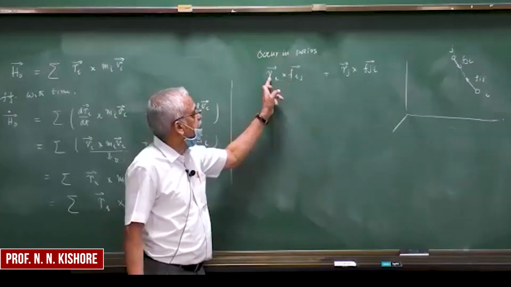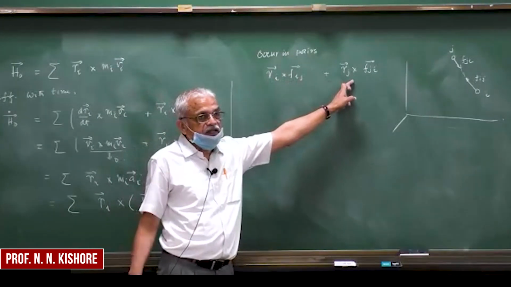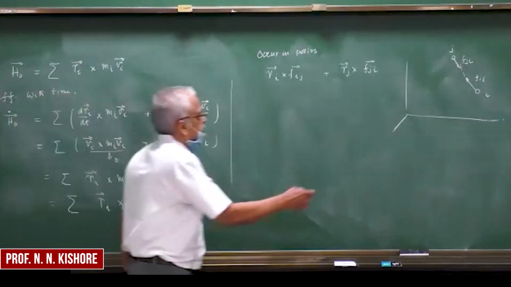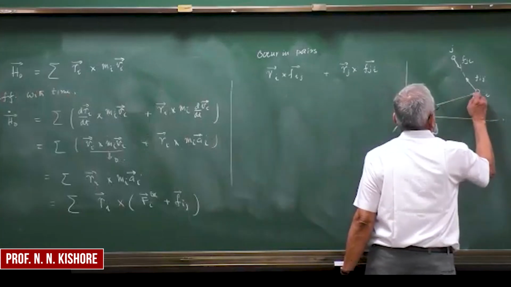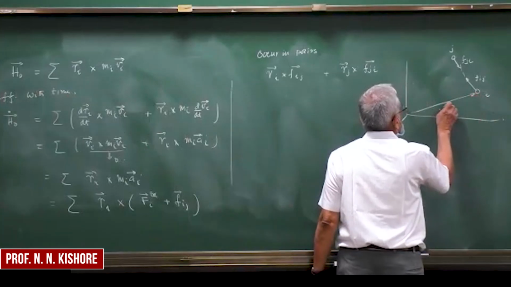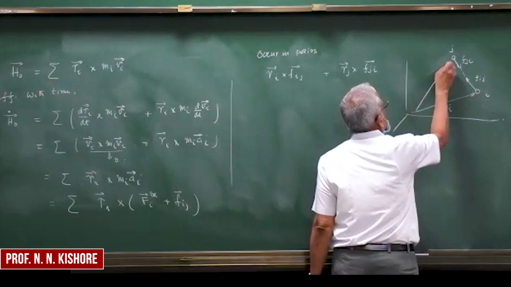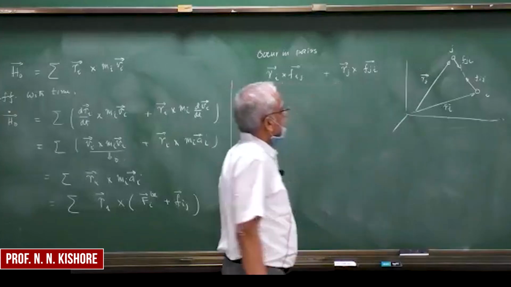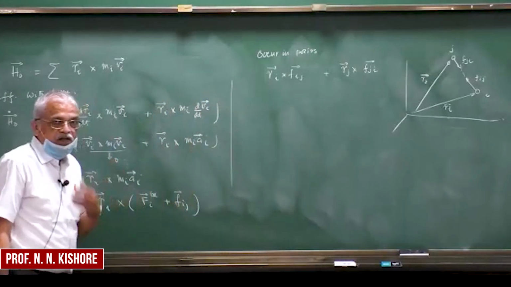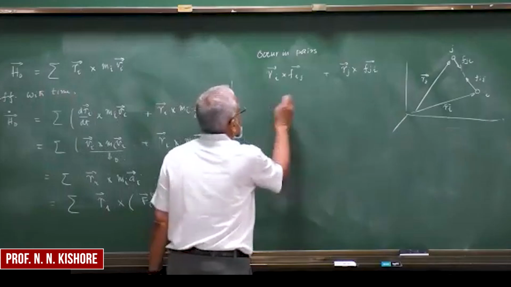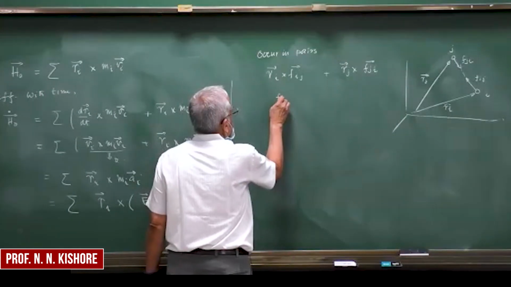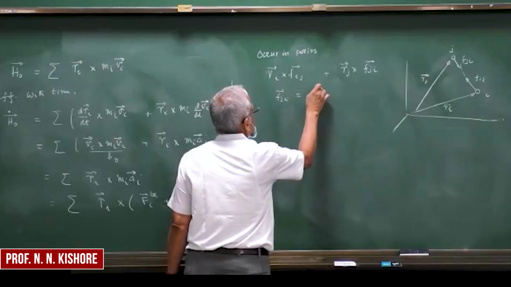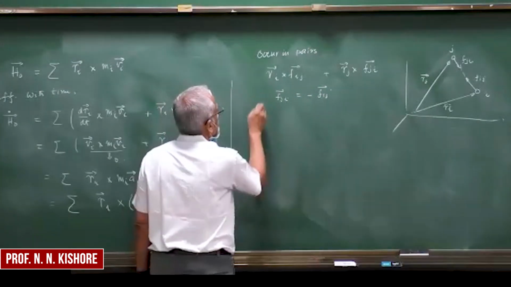This is because Ri and Rj are different, right? Here this is Ri and this is Rj. How we show it is that we know that Fji is minus Fij, right?